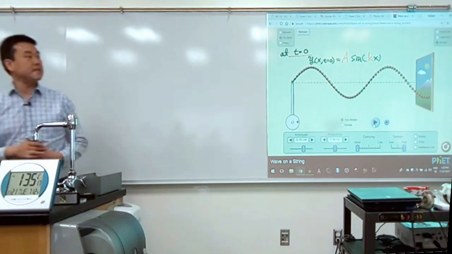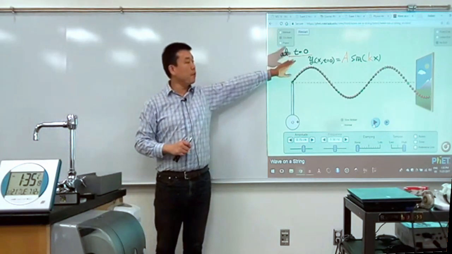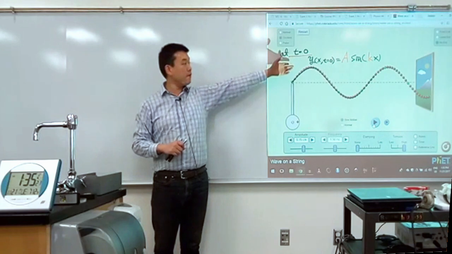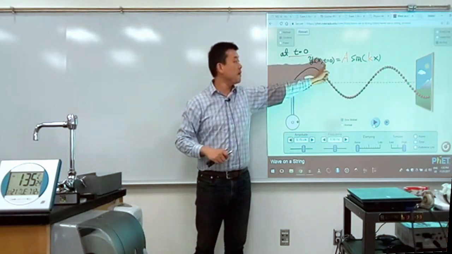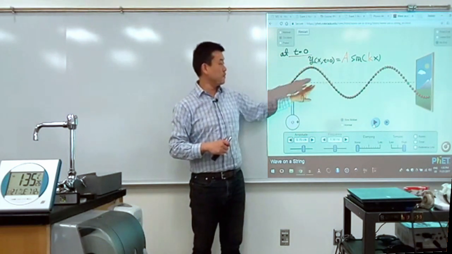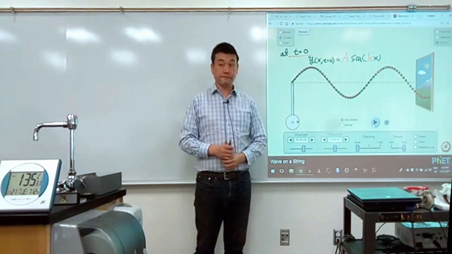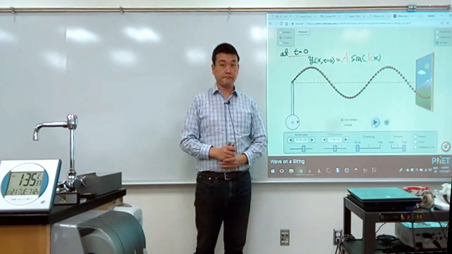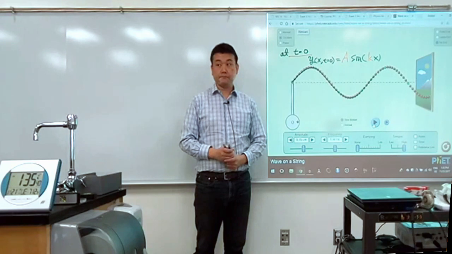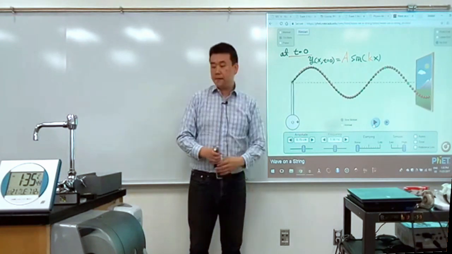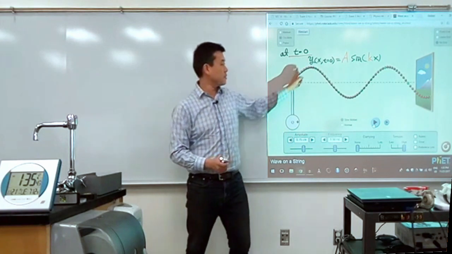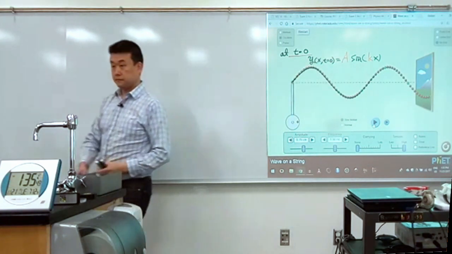So using this as a starting point, how should we modify it so that we have a function of time that will describe the movement of this wave for all time? If I let time flow, what happens to the shape of the wave?